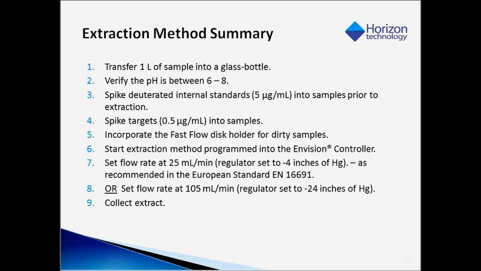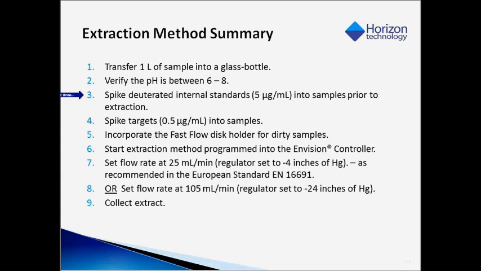The extraction method summary is given in this slide. The first step is to transfer a 1 liter sample into a glass bottle. The next step consists of verifying the pH to be between 6 and 8. We then spike deuterated internal standard with a concentration of 5 micrograms per milliliter into the sample prior to the extractions.